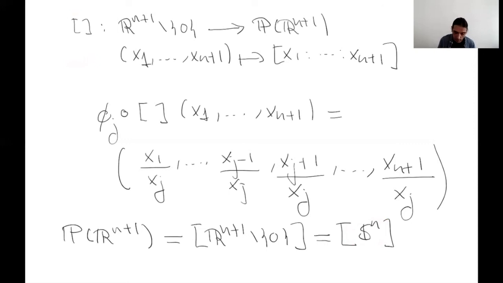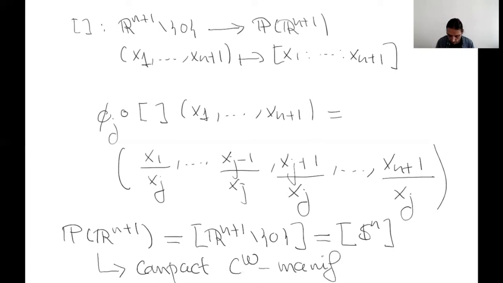So this real projective space of dimension n is a compact real analytic, C^omega is for real analytic, manifold. And as I said, this is an interesting example because it's not very clear what could be the natural embedding of such a manifold in a Euclidean space.